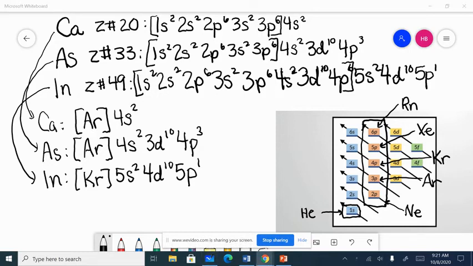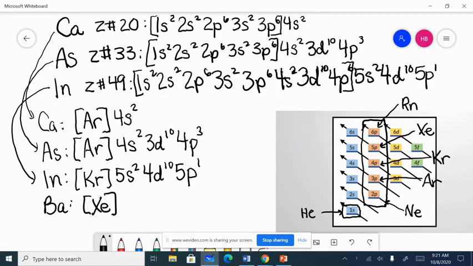Let's do one without the complete electron configuration in front of us. So let's do barium. Barium is 56. If you run your finger backwards till you hit a noble gas, you're going to hit xenon. So I put xenon in brackets, and when I do that, I represent all 54 of xenon's core electrons. So inside those brackets is 54 electrons. Barium has 56, so I only need 2 more.